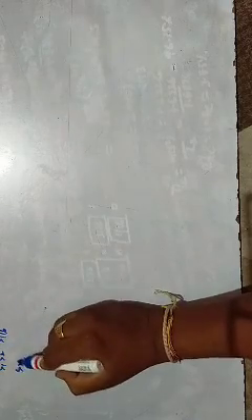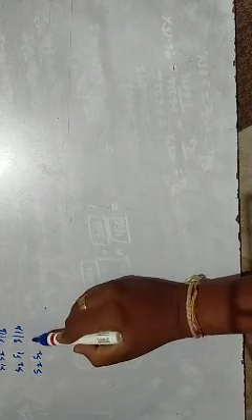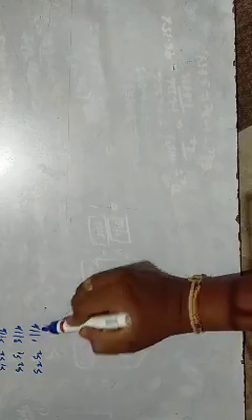We'll have the 8 symbols for the third extension. How to calculate that? See, in the previous we got S1S1 as 9 by 16, S1S2 as 3 by 16, S2S1 as 3 by 16, and S2S2 as 1 by 16.